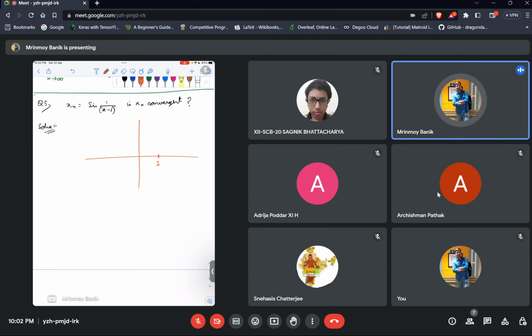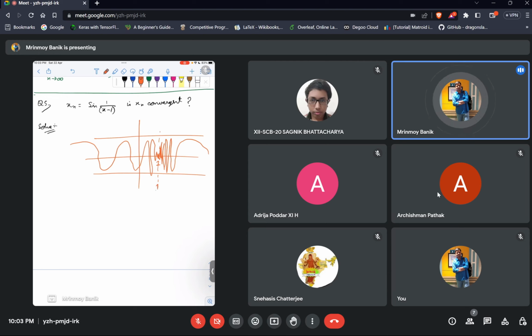And if you look at the sequence 1 by pi n, you will have a horizontally squished sine curve, something like this.